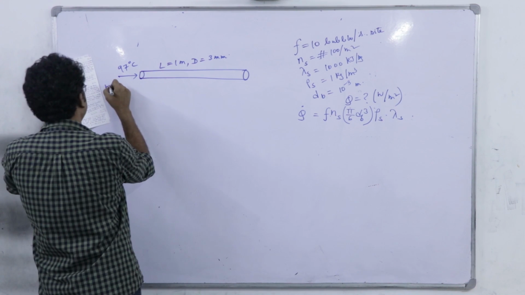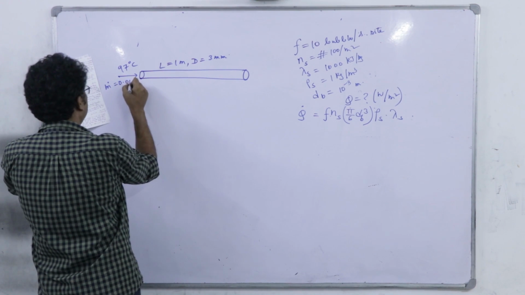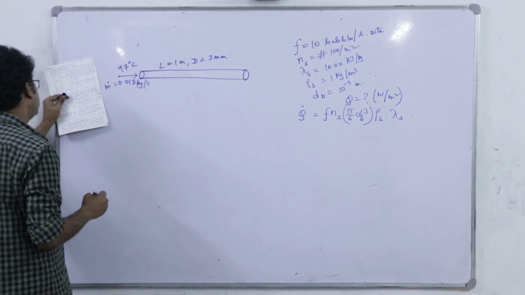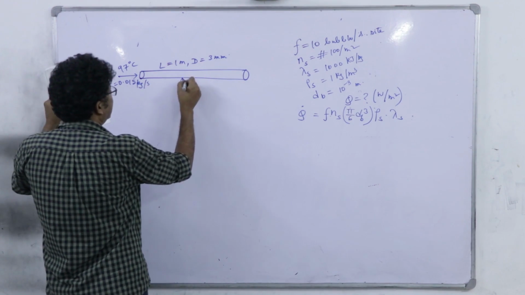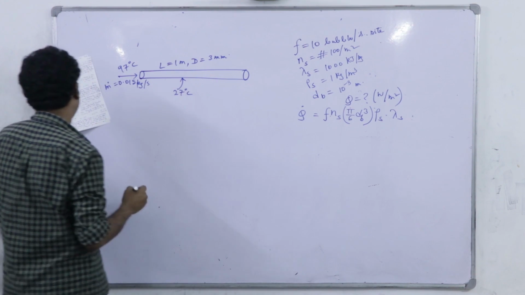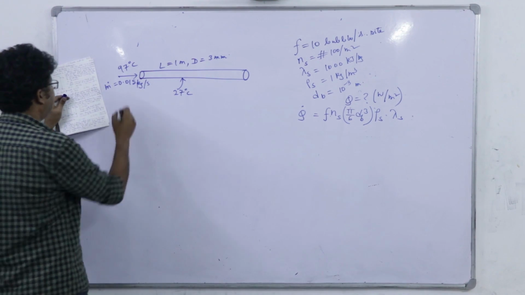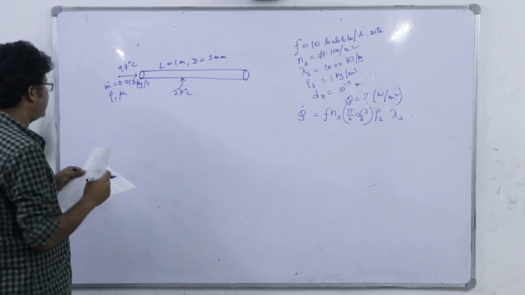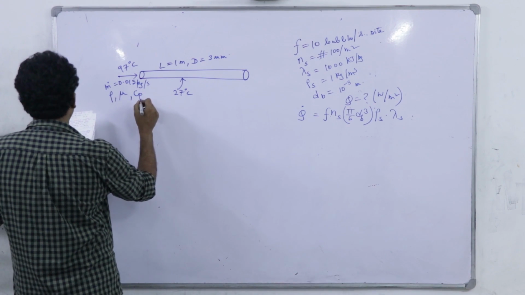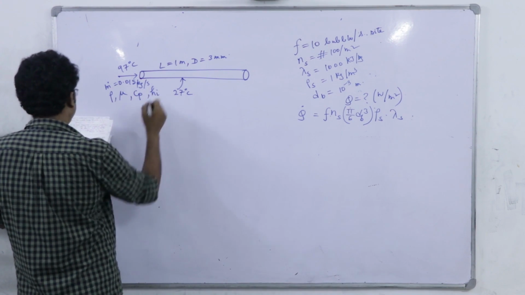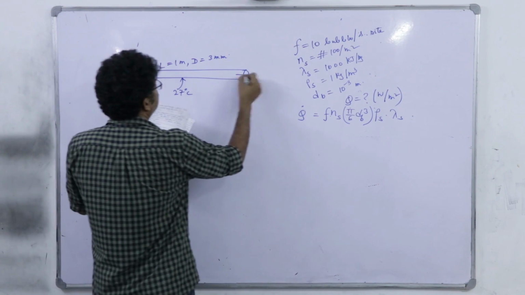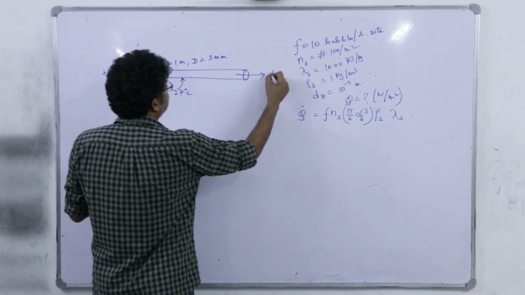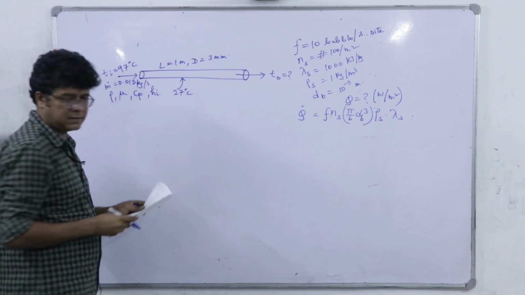Mass flow rate 0.015 kg per second. The tube wall is maintained at 27 degrees Celsius. The density, viscosity and specific heat of water are given, I am not writing them, and the inside heat transfer coefficient Hi is also given. We have to calculate Ti, the inlet temperature, and To, the outlet temperature.